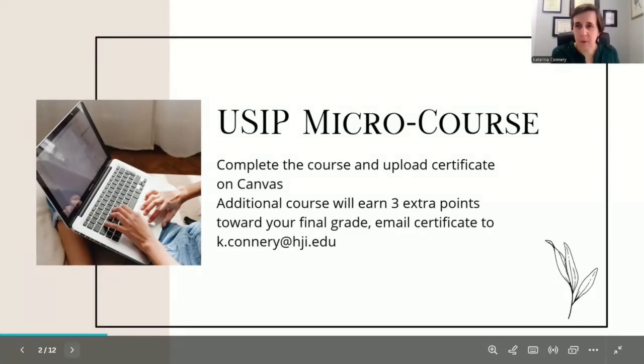There are many other free courses in USIP, which are highly recommended. They're very good. USIP has been one of the most prominent institutions for conflict analysis and peace studies. If you complete an additional course, you can email me the certificate of completion to get 3 extra points towards your final grade.